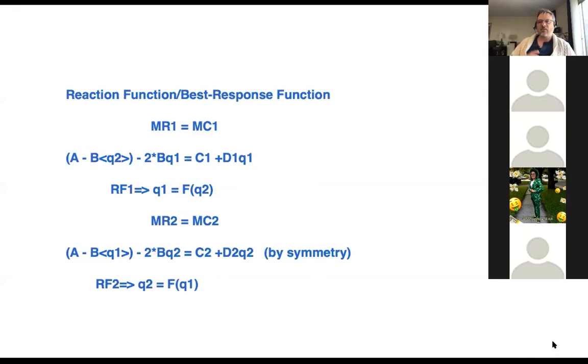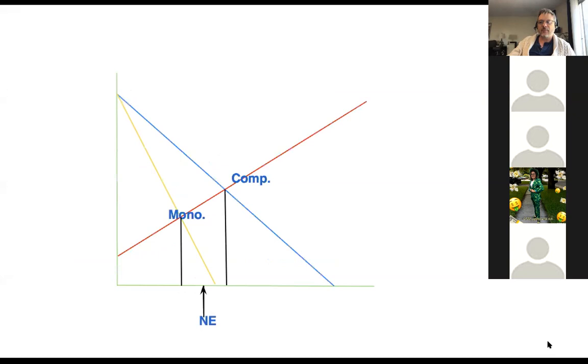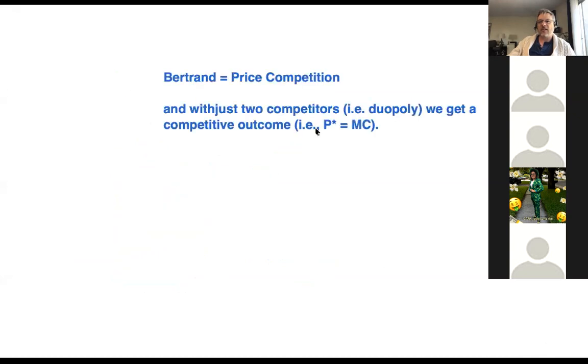But the really cool thing about Bertrand is that there is no deadweight loss, because you end up with the competitive outcome right away. You don't have to worry about there being only a few firms in the industry. As long as they're not coordinating and behaving like a cartel, immediately, boom, you get a competitive outcome. So you could have 3 or 4 big retailers, and that's really all you need to get a competitive outcome if they're competing on the basis of price.